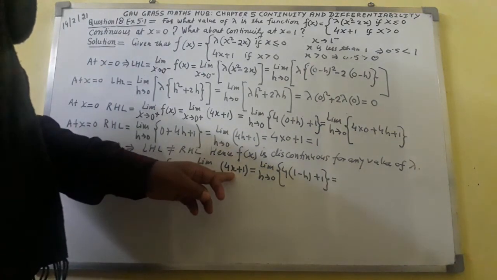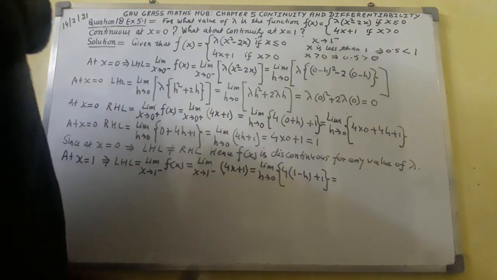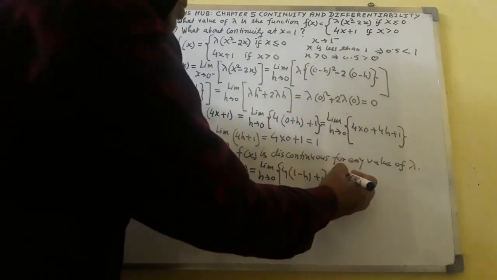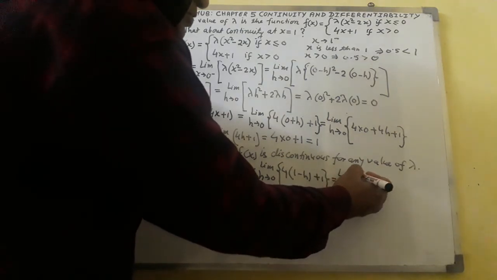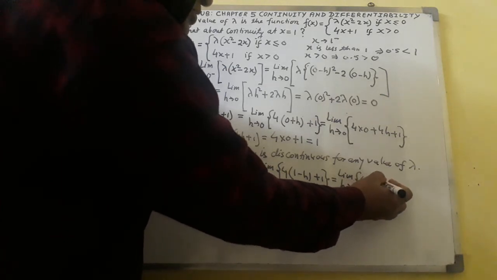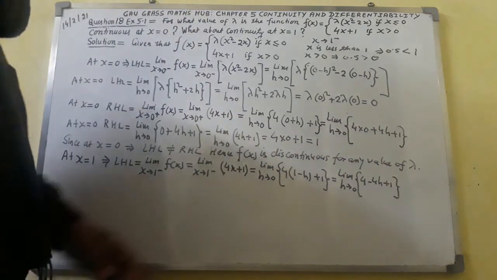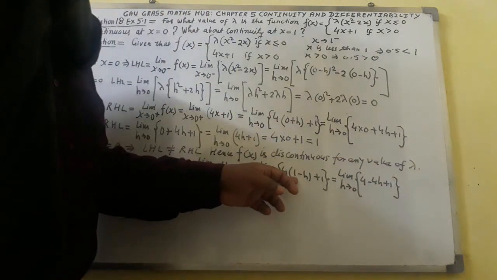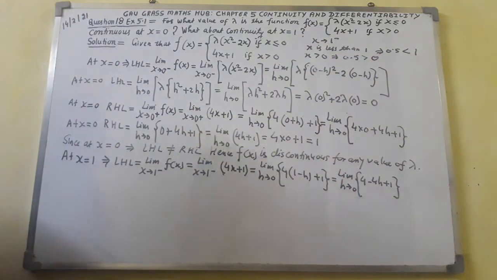So here we will get lim h tends 0, 4 minus 4h plus 1.